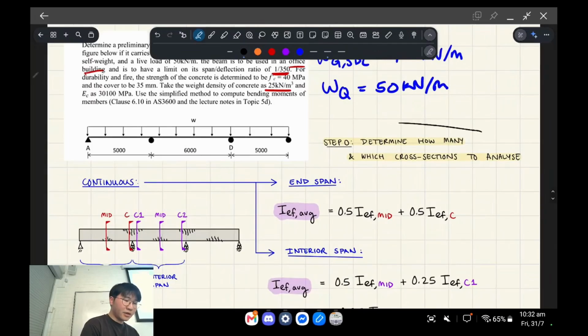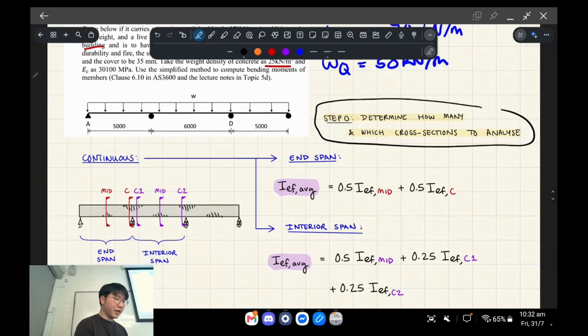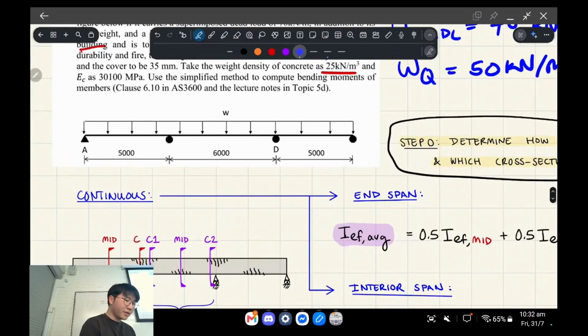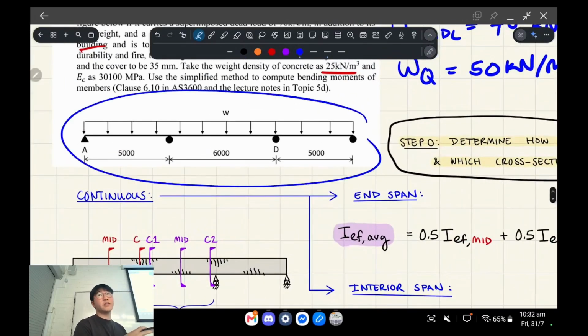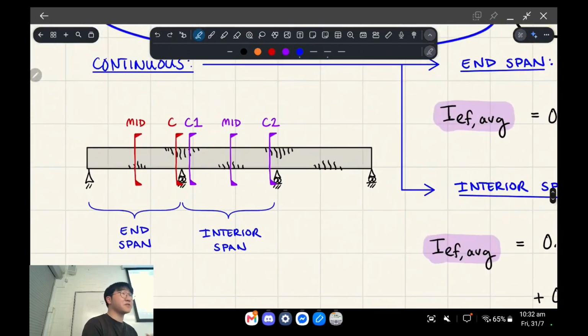Okay, so step 0, we need to determine how many cross sections we need to analyze. Okay, so what you can see here is a 3-span continuous beam. 3-span is referring to the fact that the beam has 4 supports and 3 parts to it, and those parts are called spans, right? Okay, and then there are 2 types of spans: an end span and an interior span.